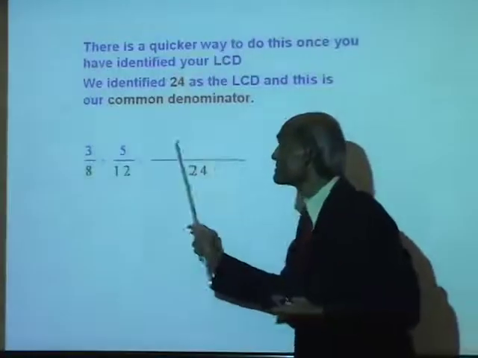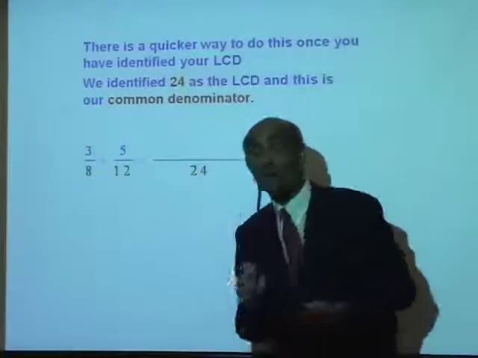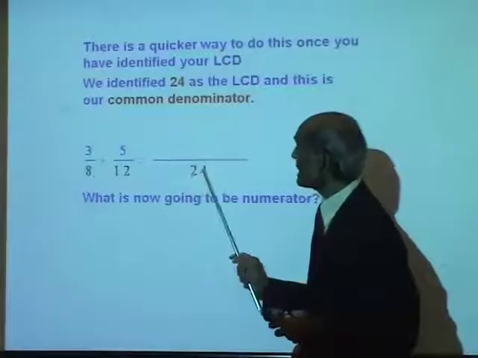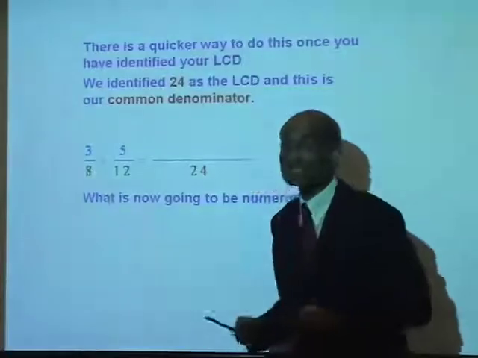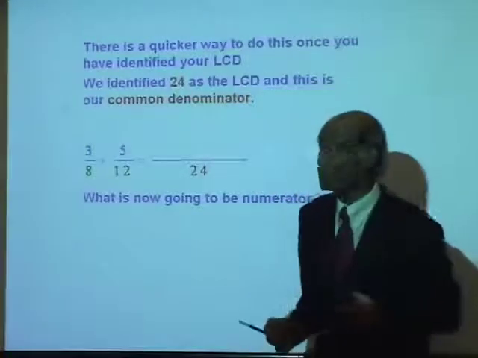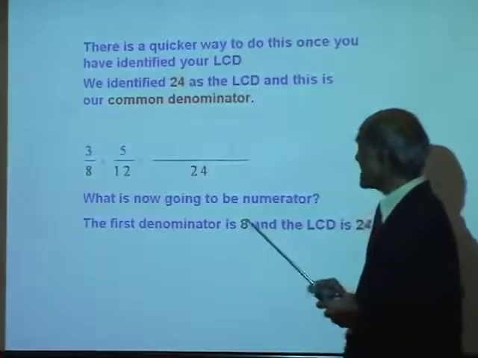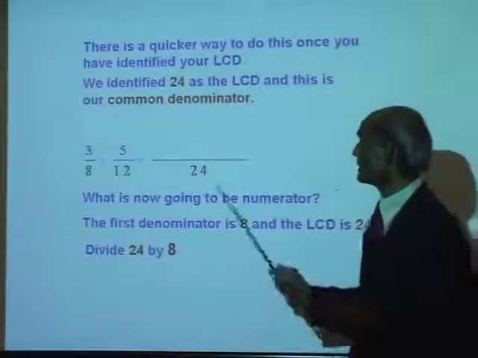And what we need to do is construct the numerator. You see how I'm going to construct my numerator? You've got to say 24 divided by 8. That's how we obtained that number 3, if you remember. Now, the first denominator is 8, and the LCD is 24.